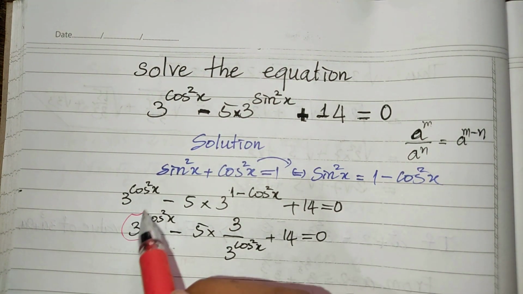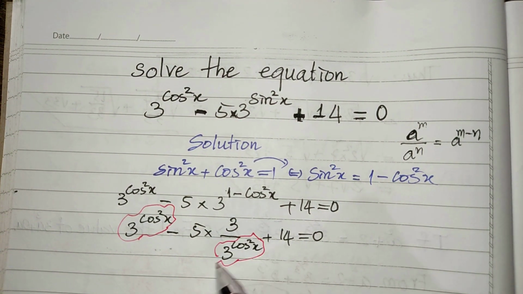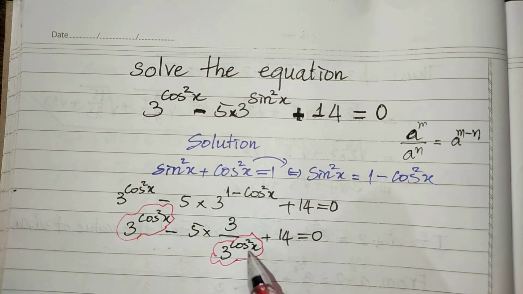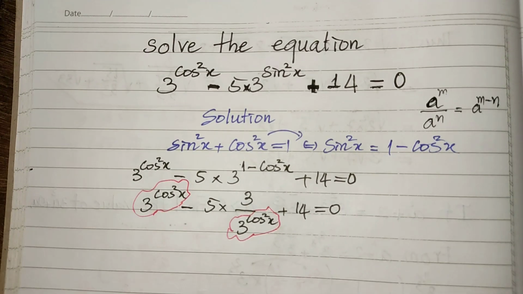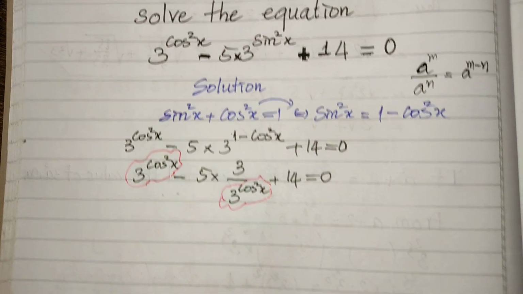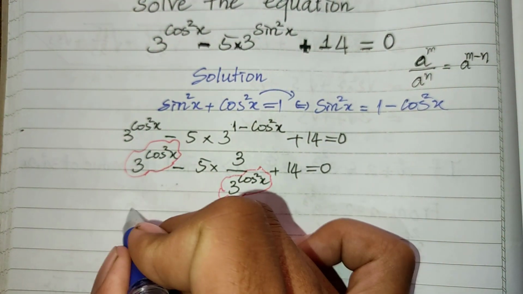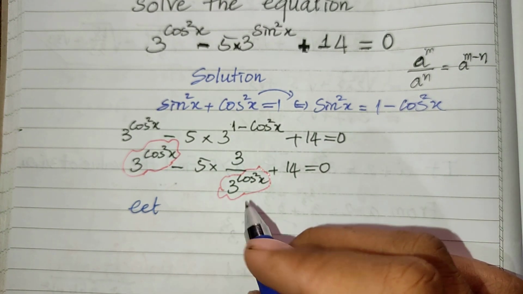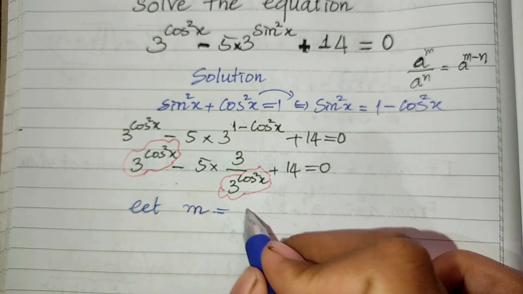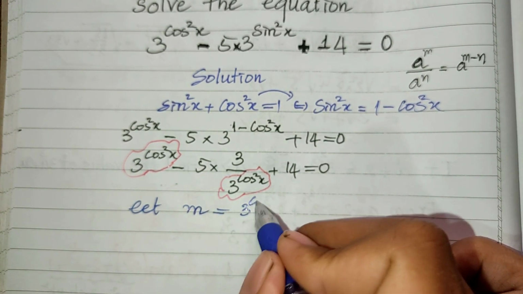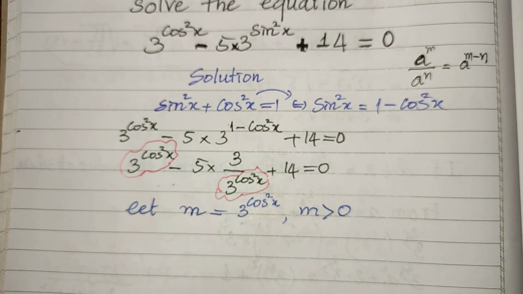Look at our equation: we have 3 to the power cosine squared of x in both places, the same expression. So we let it be another variable. I let m equal 3 to the power cosine squared of x, so m must be positive.